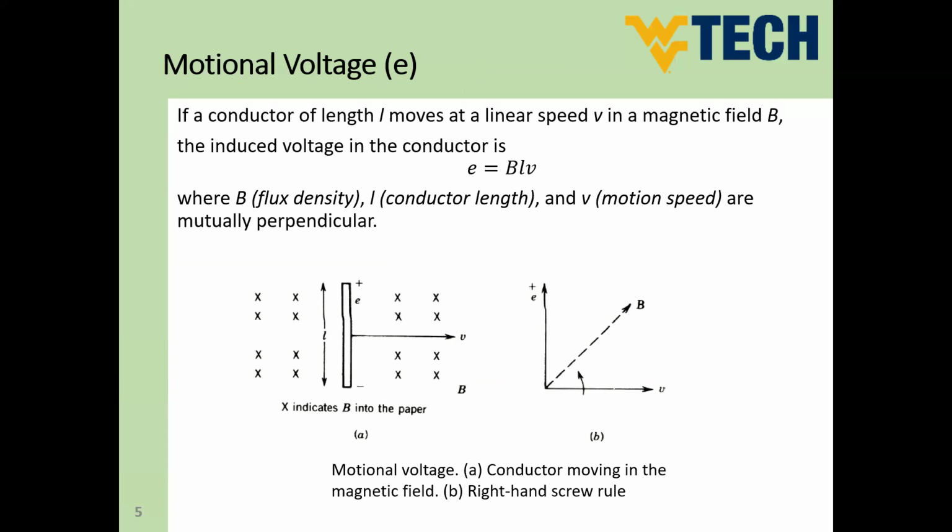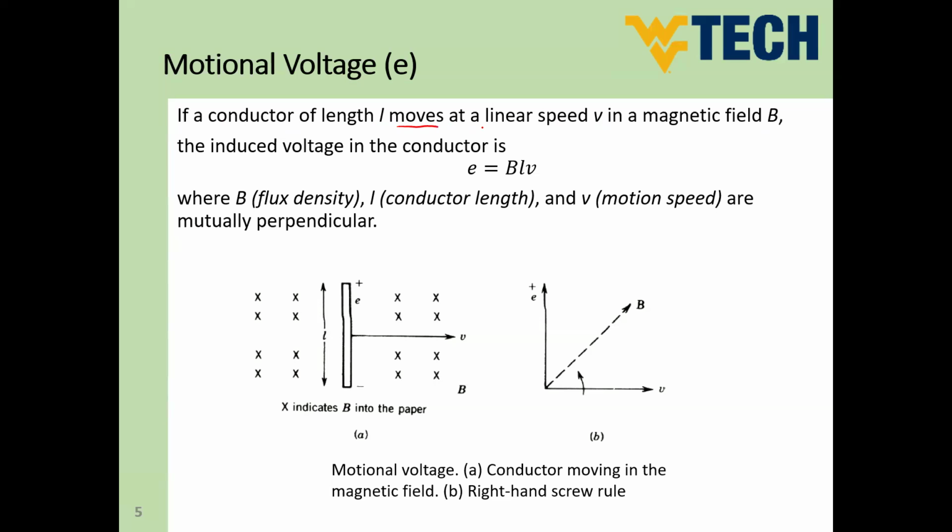So we have what's called motional voltage. What is the motional voltage? If a conductor of length L moves at a linear speed V, so moves, guys, means you have a source of mechanical power that will move our conductor.